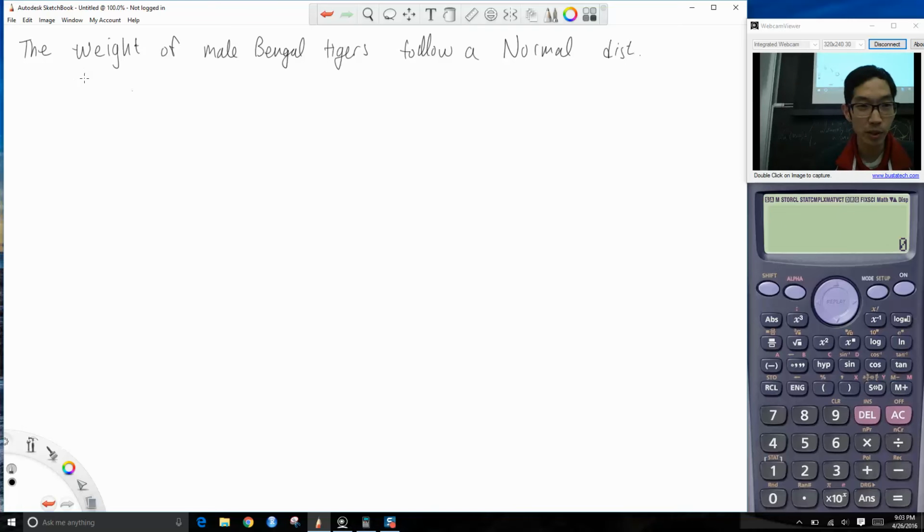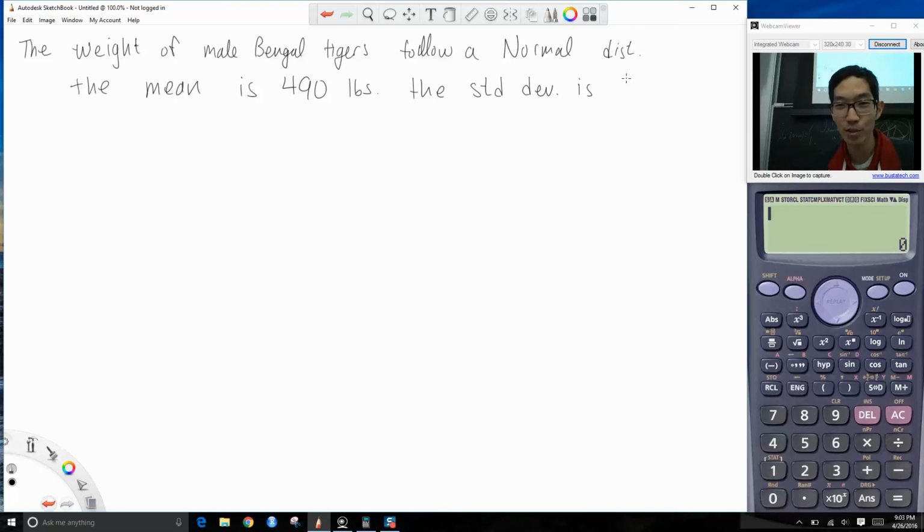Okay, we'll say the mean is 490 pounds. And I'm completely making this up, but we're going to say the standard deviation is 51 pounds.